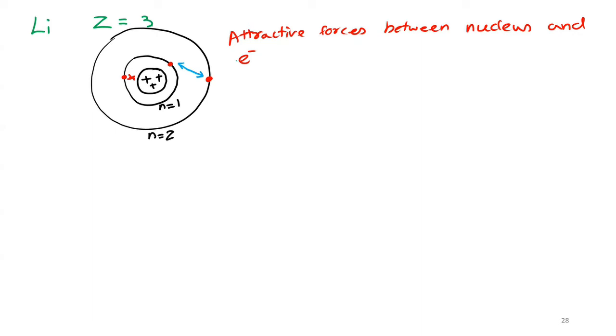So in addition to the attractive forces, now there are repulsive forces between electrons. So this repulsion can get bigger and bigger as you keep on adding more electrons.